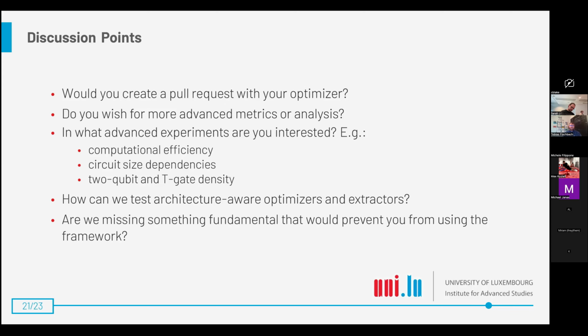So what is actually a fair data set that we can use that is not too large, so it's computationally feasible, that actually fairly represents the advantages and disadvantages of the different optimization strategies? Also, is there something that when you see it, you just say outright, oh no, I don't want to use this tool ever, not at all?